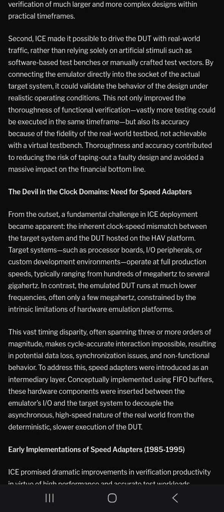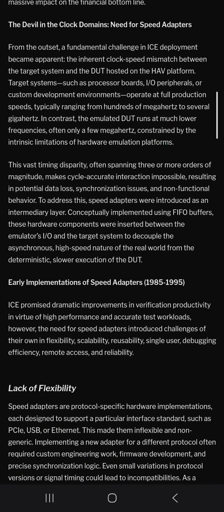In contrast, the emulated DUT runs at much lower frequencies, often only a few megahertz, constrained by the intrinsic limitations of hardware emulation platforms. This vast disparity, often spanning three or more orders of magnitude, makes cycle-accurate interaction impossible, resulting in potential data loss, synchronization issues, and non-functional behavior.